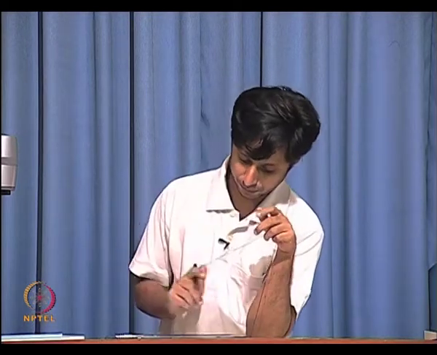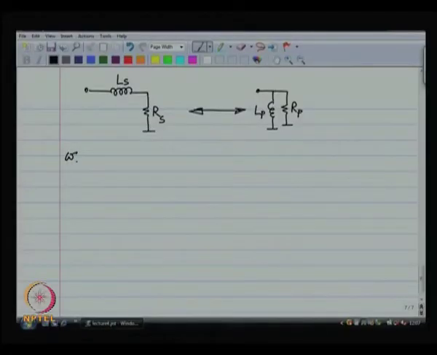So, we have to choose a frequency of interest. Let us pick a frequency of interest omega 0. Okay.